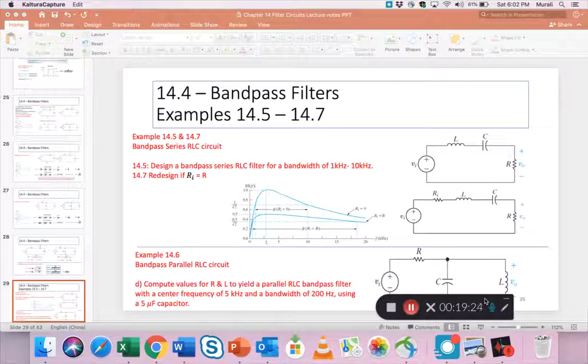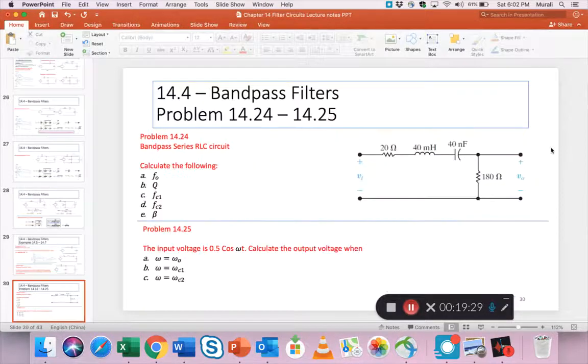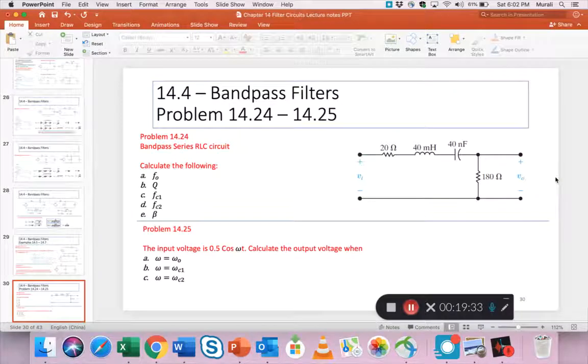We're going to skip to the next slide, and here I'm solving problems 14.24 and 14.25 from the back of the chapter.